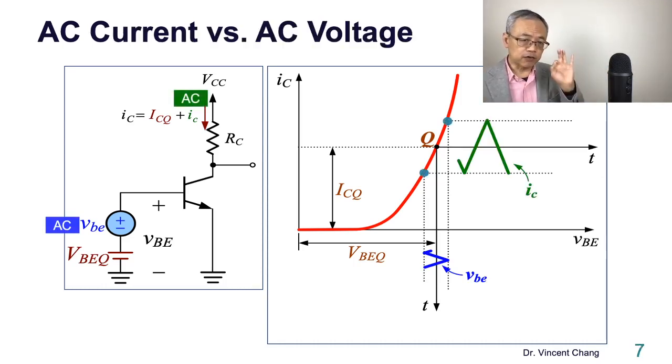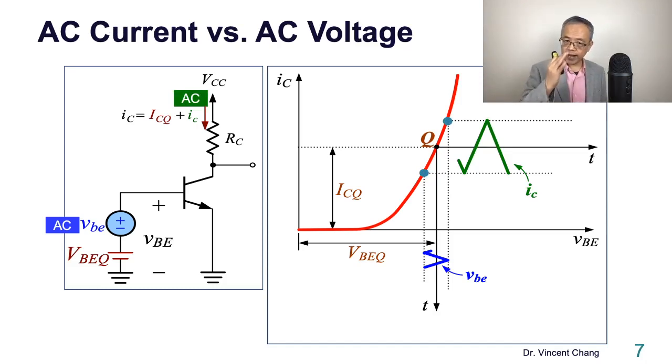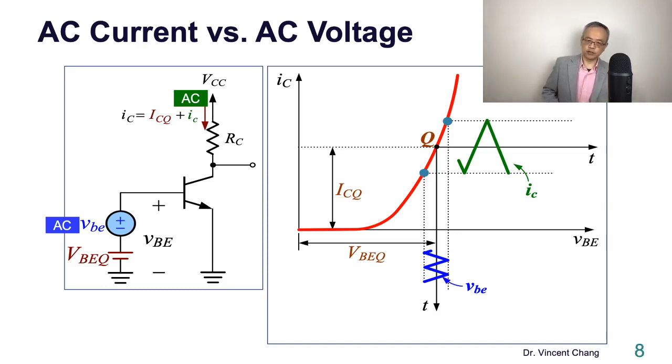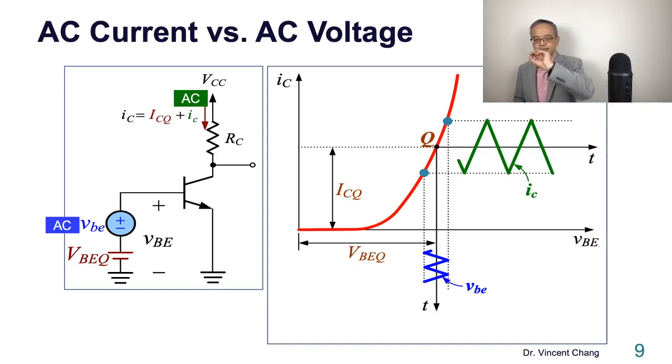As long as the VB is a small signal, for example a triangular waveform in, it will exhibit almost no distortion, and coming out of the collector it shows up as a current, the IC.